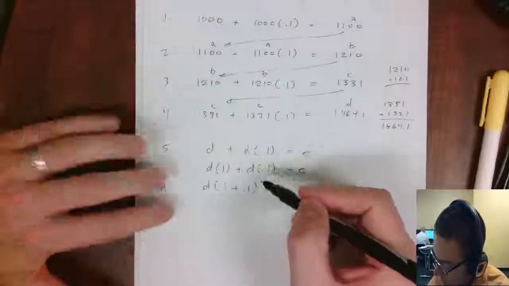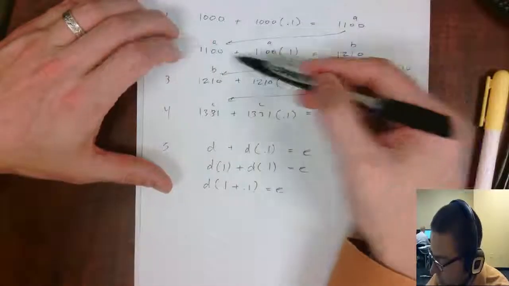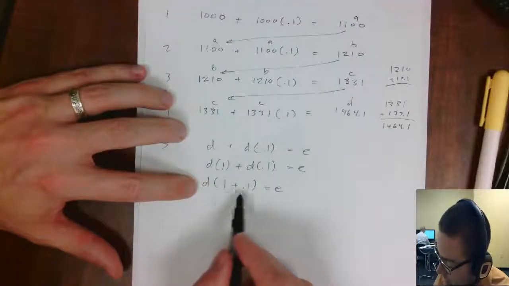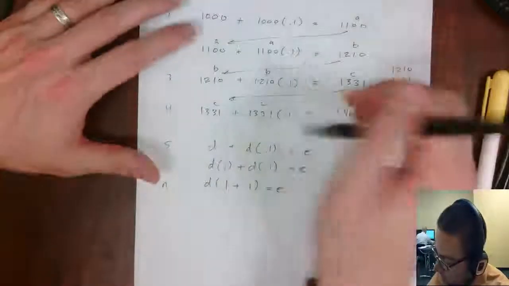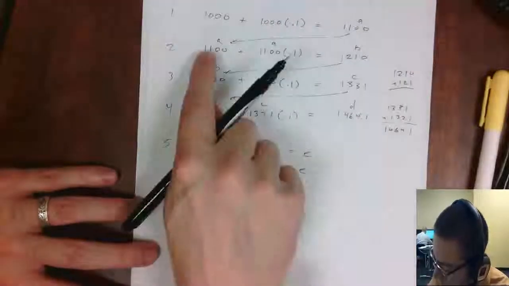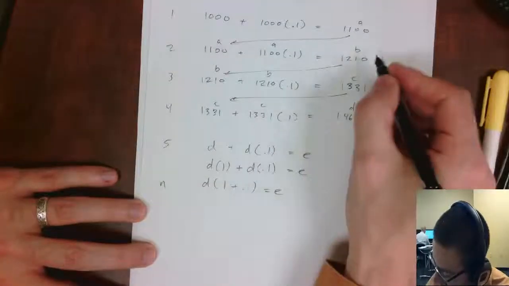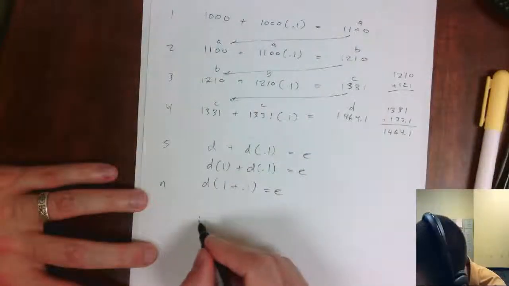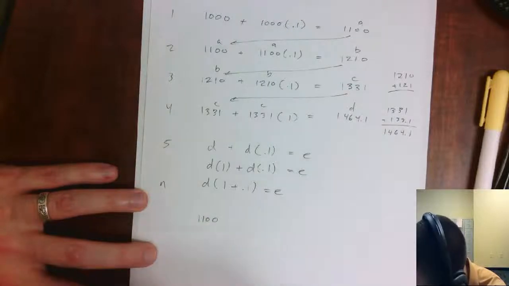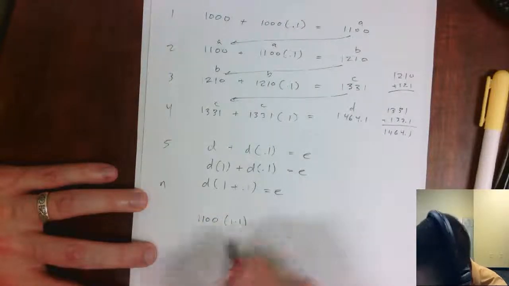And now you can see that I could have done that in every case, right? I could have factored out this number on the front and just had 1 plus 0.1. Let's think about this. So this is 1,100 times 1.1.